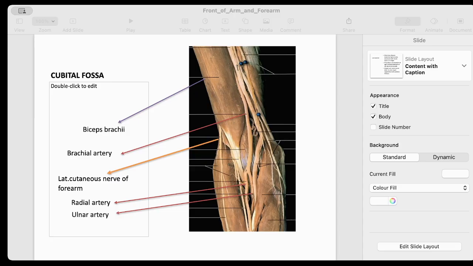So how to study this? Pronator teres: the name itself has pronator.